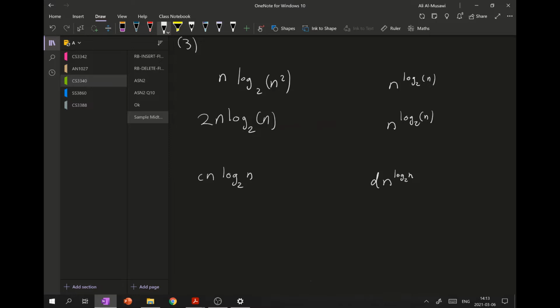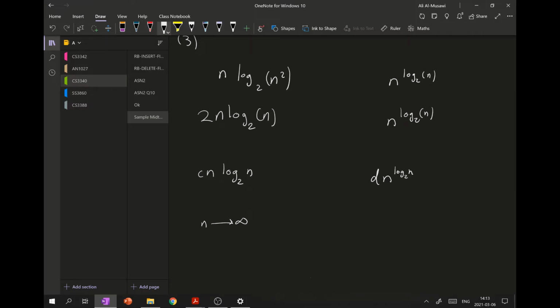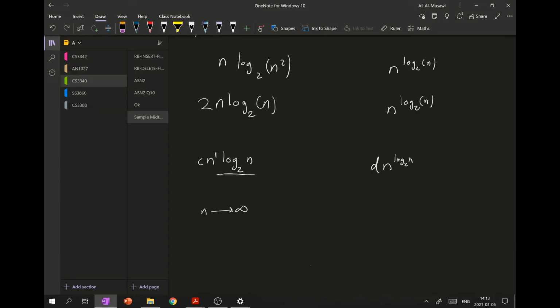In general, as we increase n, so let n go to infinity, notice that we have n to the power of something, whereas here we have n to the power 1. Now, of course, the difference is that this n is multiplied by some number, while this n is not multiplied by a number that is a function of n. Okay? So, maybe let me just forget about these because they're probably confusing. So, yeah, let's look at those two here.